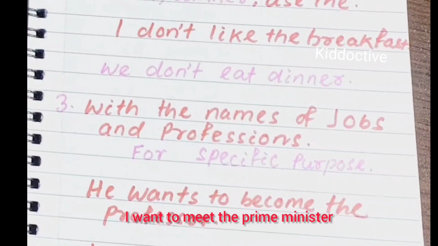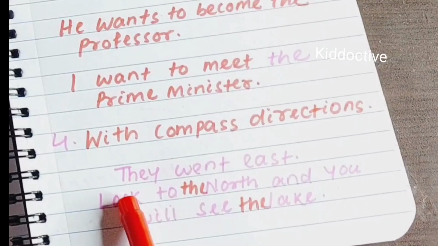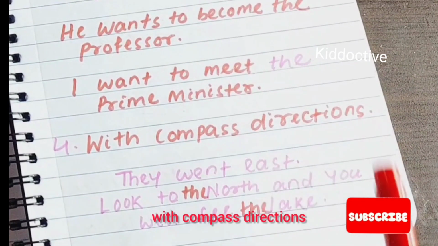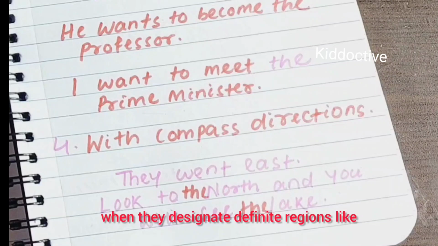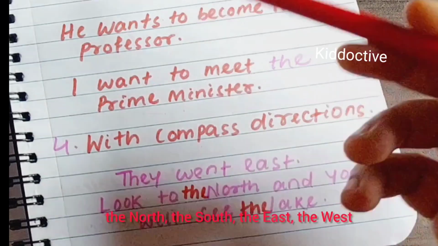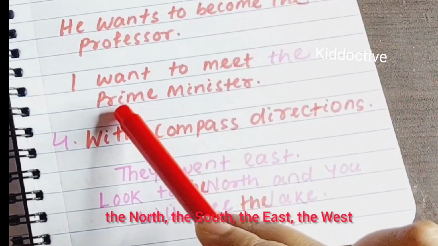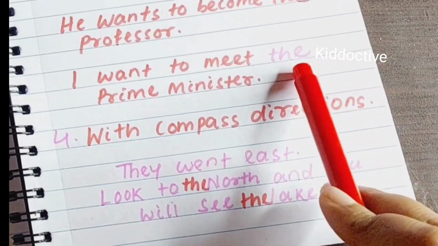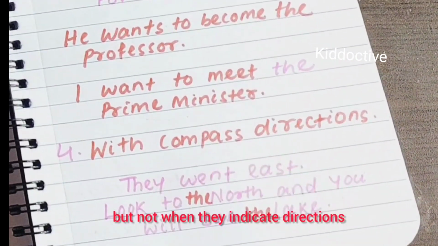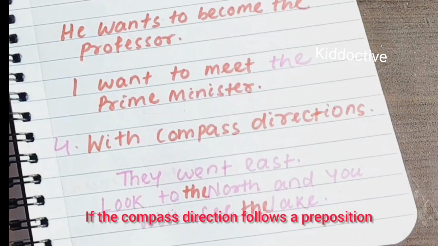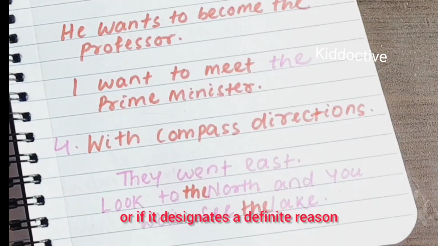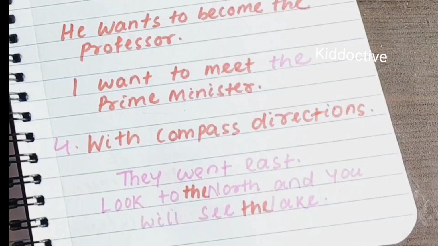I want to meet the Prime Minister. Okay, with compass directions, what is the rule? Compass directions are written with capital letters when they designate definite regions, like the North, the South, the East, the West. But not when they indicate directions or general location. If the compass direction follows a preposition or if it designates a definite region, use the definite article the.